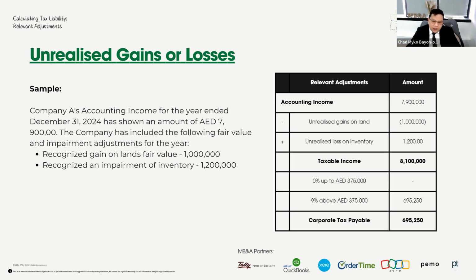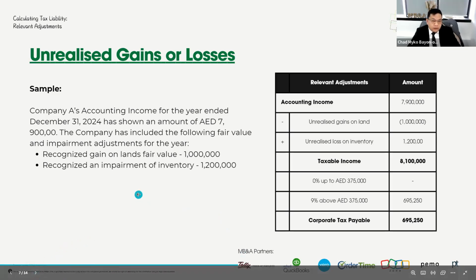So once you choose realization basis now, it will be realization basis in the future. But if ever you wanted to change it from realization basis to the normal accounting recognition, in this case, you will be needing to apply to the FTA for the approval. Okay, so please take note of that.